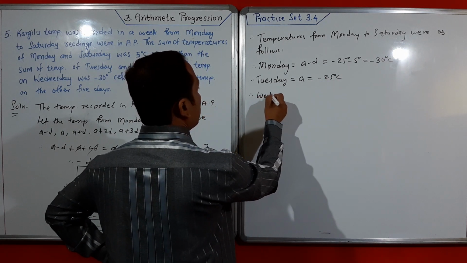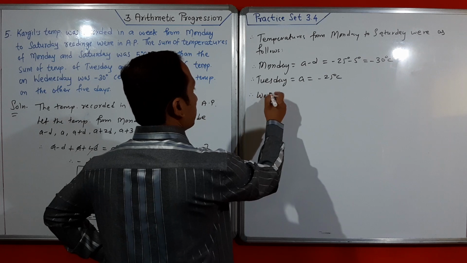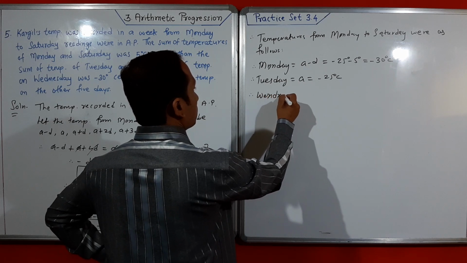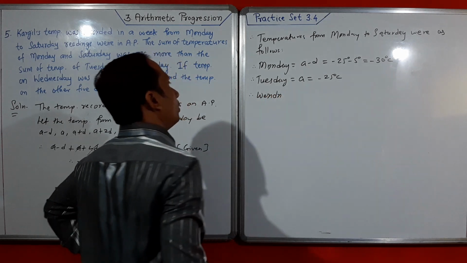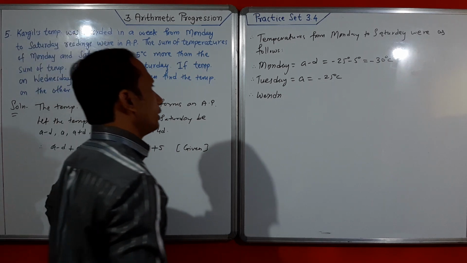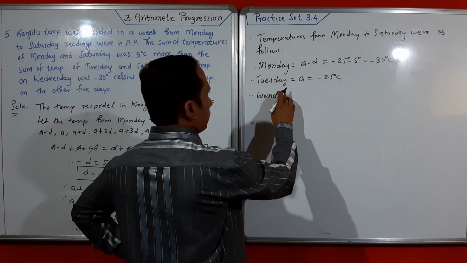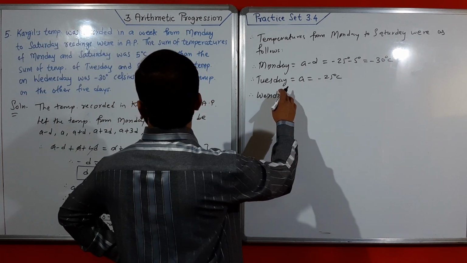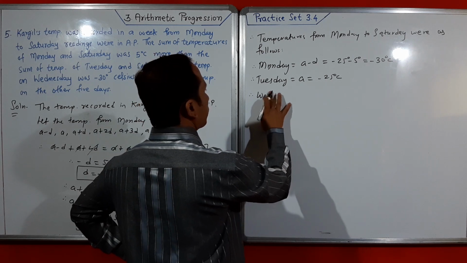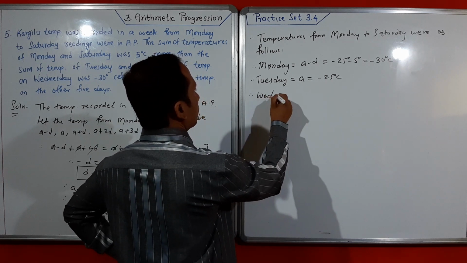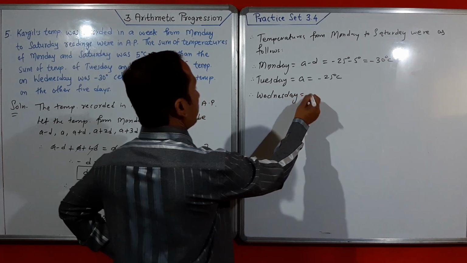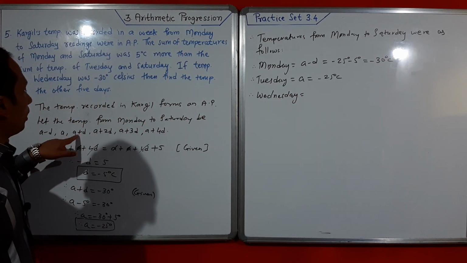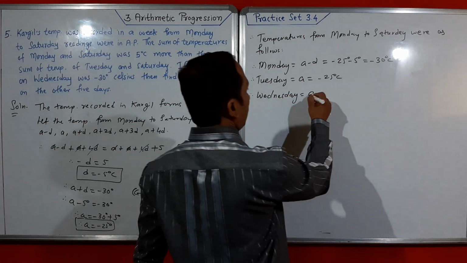Then Wednesday. What is the Wednesday temperature? See, a plus d. A is minus 25 degrees, plus d.